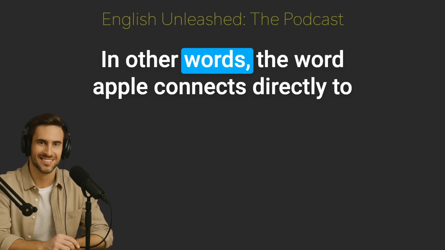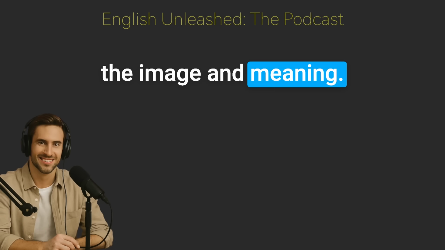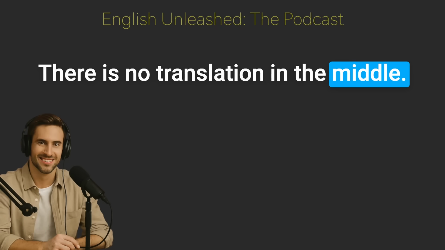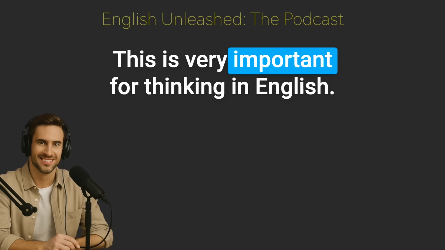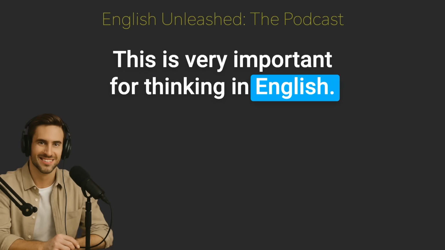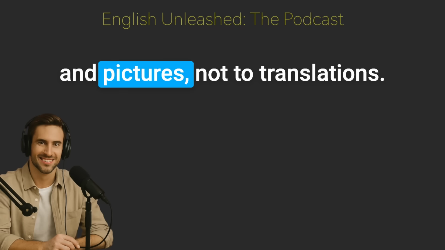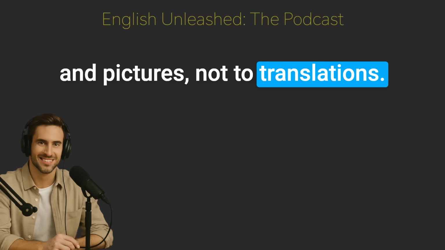In other words, the word apple connects directly to the image and meaning. There is no translation in the middle. This is very important for thinking in English. Your brain should connect English words directly to ideas and pictures, not to translations.